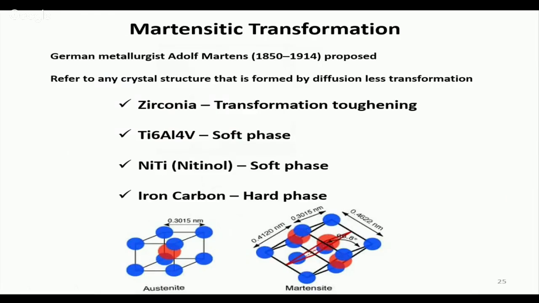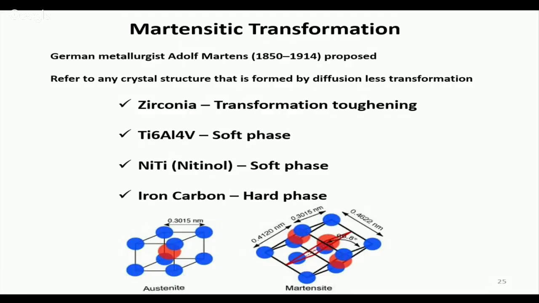So here I would like to mention that we use specific compositions of titanium, Ti64, different titanium implants. We use zirconia implants, alumina zirconia implants, and nitinol. In all these cases, we take the benefit of a special property of the materials.